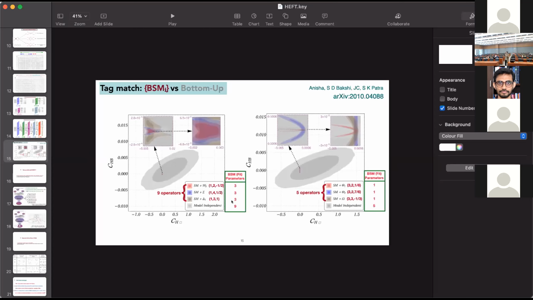Right, so that's related to the statistical power of your data. Sorry, I still was not sure what measurements you used to compare these two scenarios. You must have used some electroweak precision observables or something like that, right?